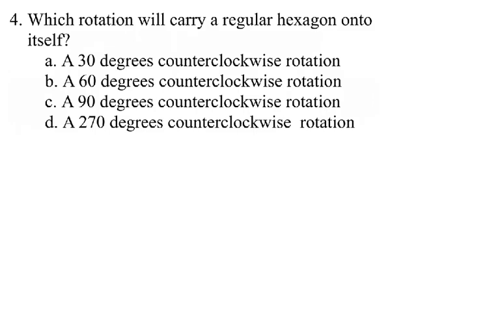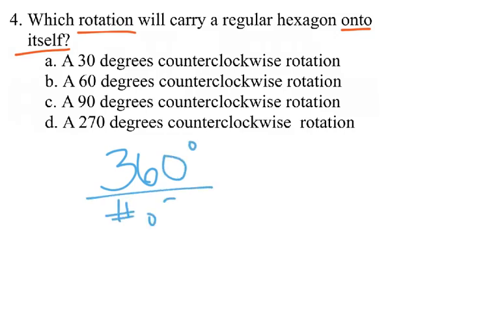Alright, so for this one, which rotation, not talking about a reflection anymore, which rotation will carry a regular hexagon onto itself? Whenever we're talking about onto itself and we're talking about rotations, this is when you use that formula: 360 degrees divided by the number of sides.